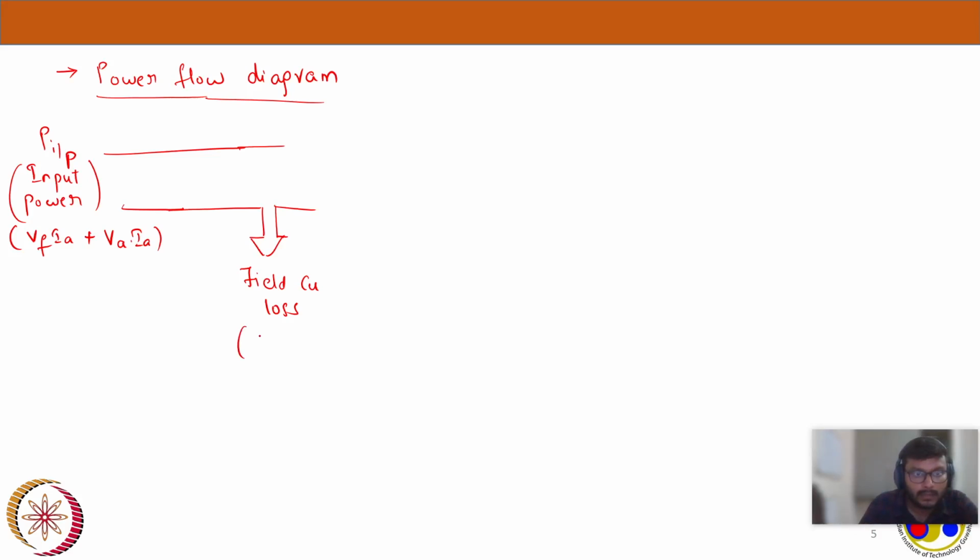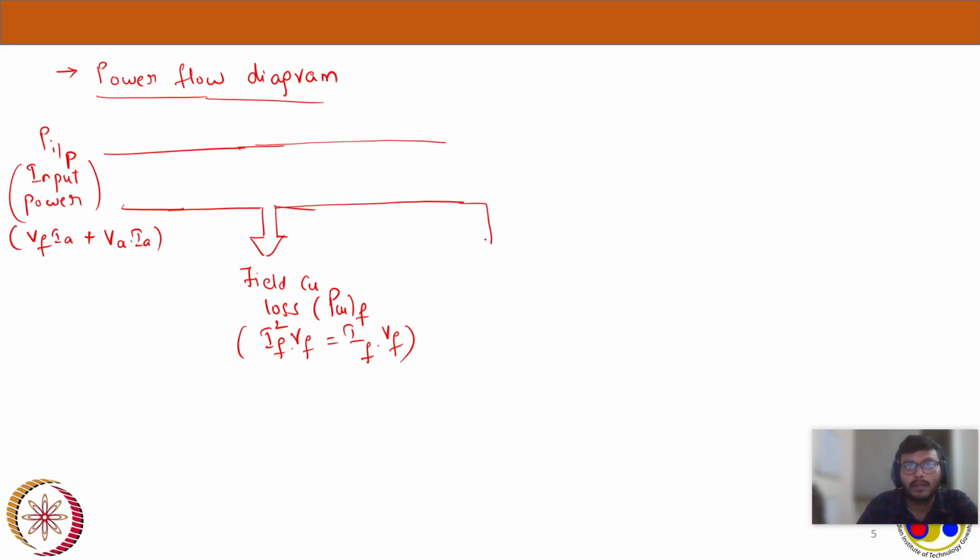That is IF into RF, which is also equal to IF square RF, I square R, which is also equal to IF into VF. That is P copper loss of field. Okay, now I will proceed. And from this power, what else did I lose next?